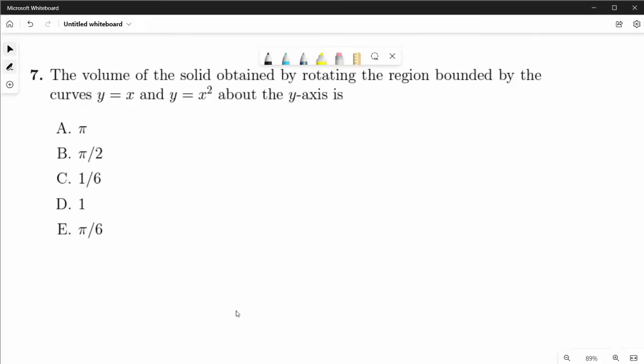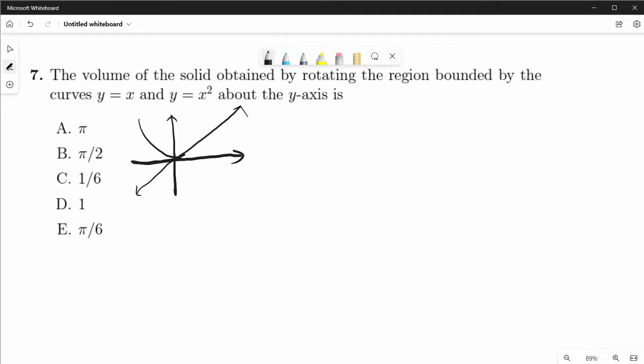For question 7, we're given two functions revolving around the y-axis. So usually for y-axis revolutions, I will like to use cylindrical shells, but we'll see in this situation which one to use between washers and cylindrical shells.